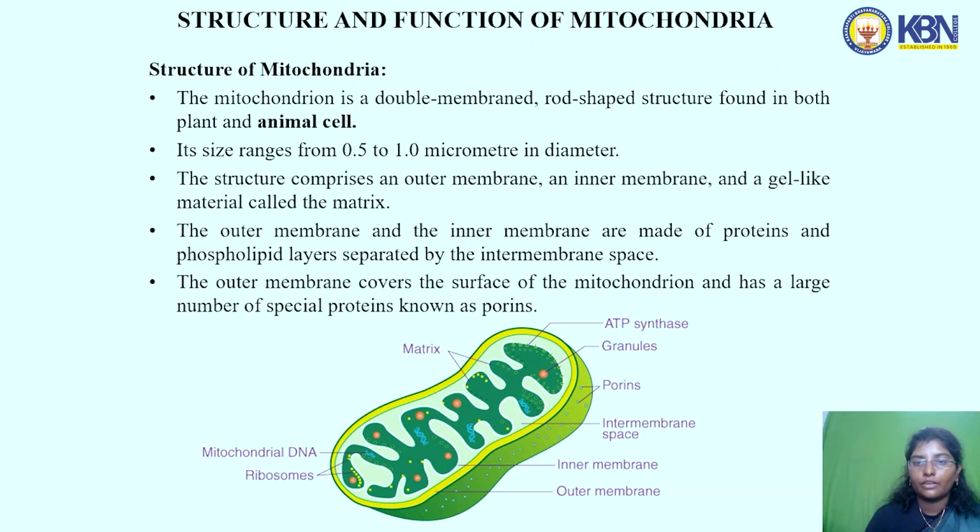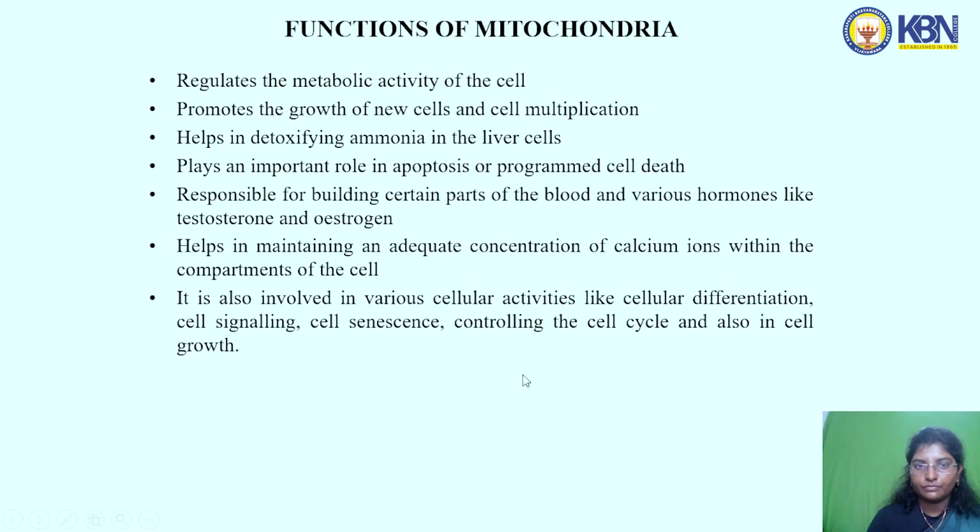Next, mitochondria. We all know that it has a double membrane. Here we can observe the outer membrane, and there is the inner membrane. This is called the matrix. These are the powerhouse of the cell, as they release energy to the cell. They help in detoxifying ammonia in the liver cells, help promote the growth of new cells, and also regulate metabolic activity.